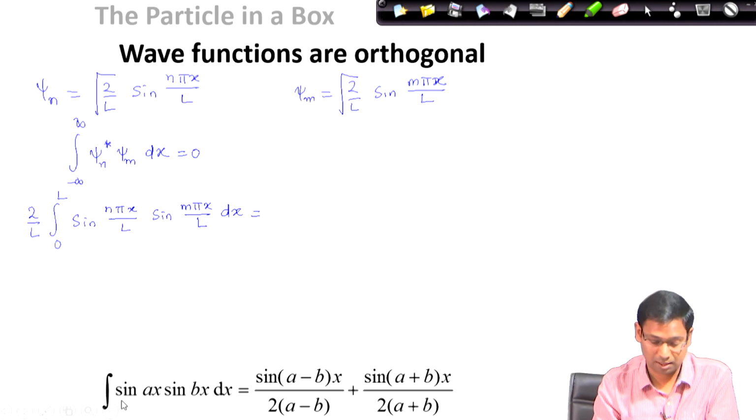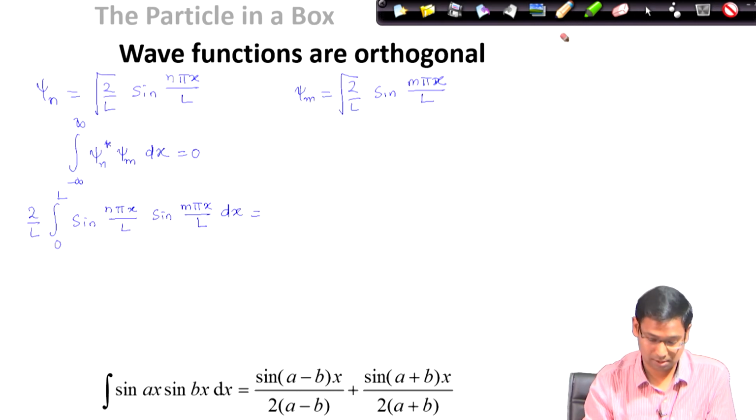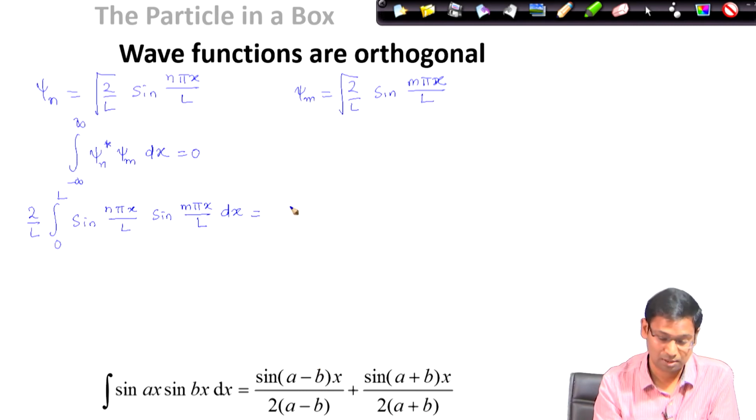If I have an integration of sin Ax multiplied by sin Bx, the resultant solution is given here. So, I will use this formula to solve my problem.